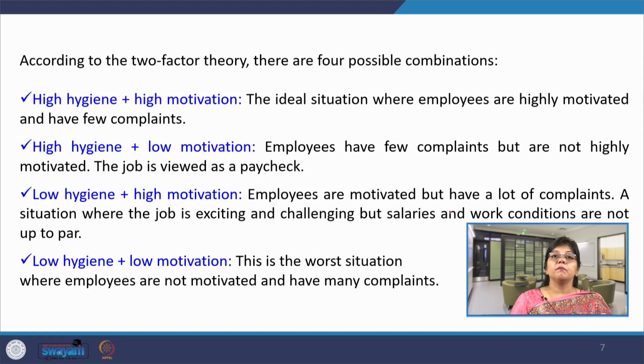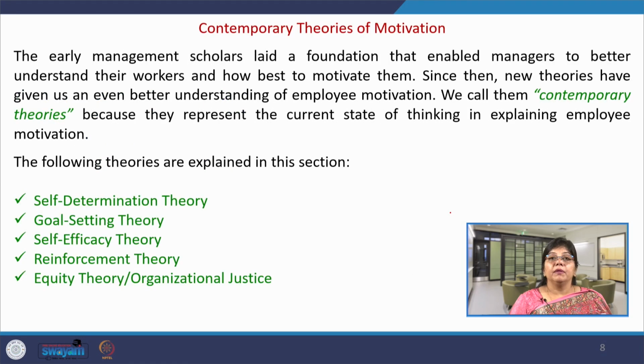So, this is Maslow's need hierarchy theory and Herzberg's two-factor theory, which form the classical base for the extension of novel theories of motivation. Coming further to the contemporary theories of motivation. The early management scholars laid a foundation that enabled managers to better understand their workers and how best to motivate them.